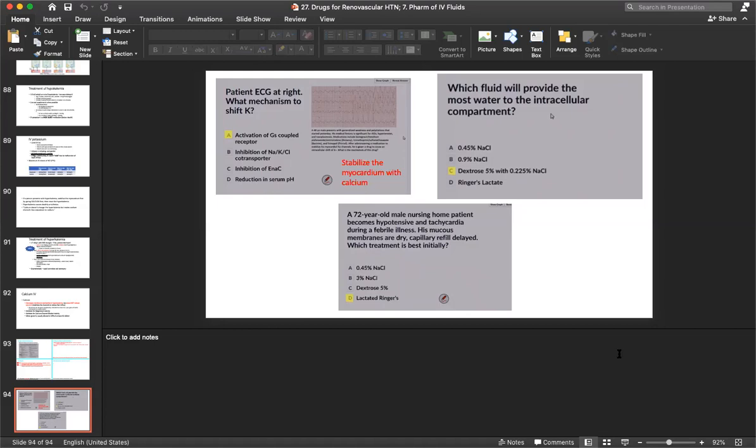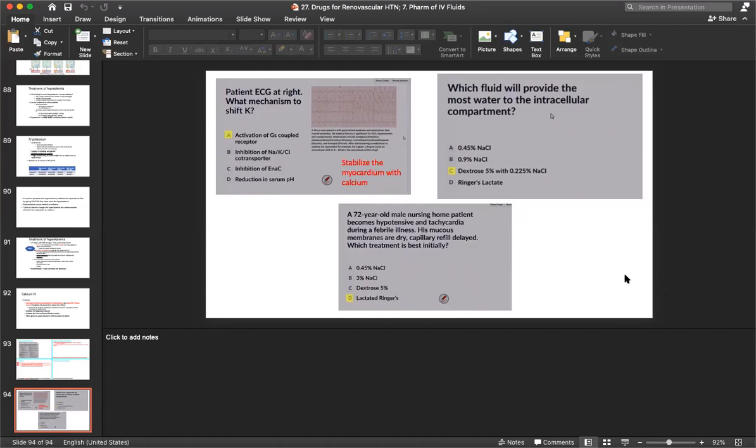Okay. Good job. It's our type 1 RTA, so it's going to be in the distal tubule. The proximal tubule is going to have a low pH and low potassium. Our collecting duct is going to have low pH and high potassium.